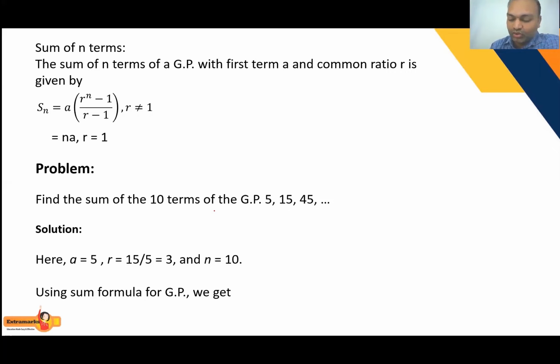Actually, the general series is a, ar, and the next third term is ar square, plus so on, ar power n minus 1, because we are calculating the sum of n terms. So I am writing only n terms. Generally sum starts with the letter s, so the sum of n terms is denoted with Sn, right?